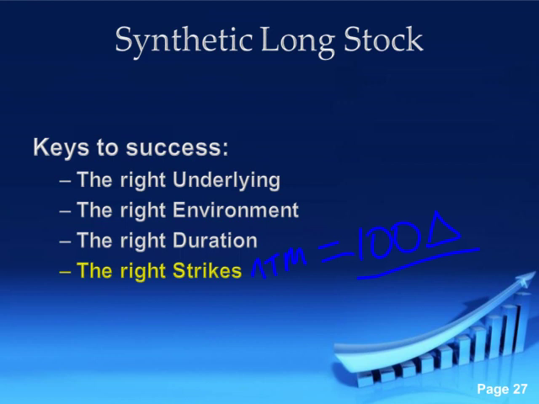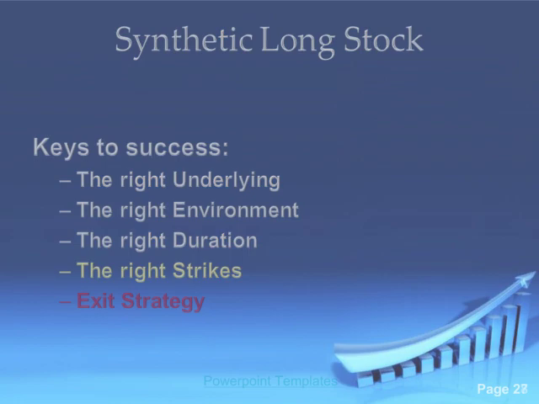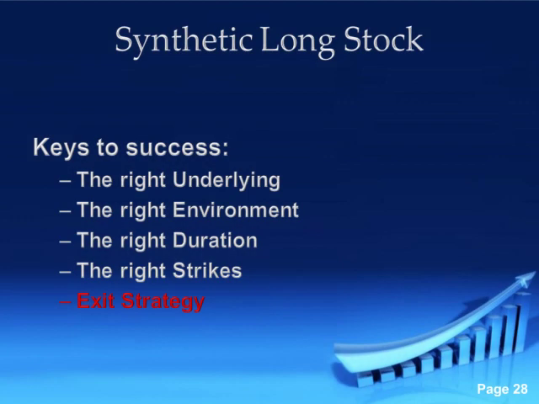Therefore, when the stock moves up by $1, we increase our performance by $1. Our portfolio value increases by that dollar. And when we're talking about the synthetic shorts, we're going to build it out just quite the opposite. But again, same rules apply, and we are looking for that 100 deltas.